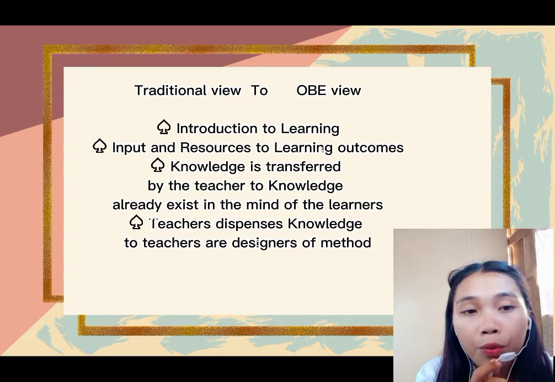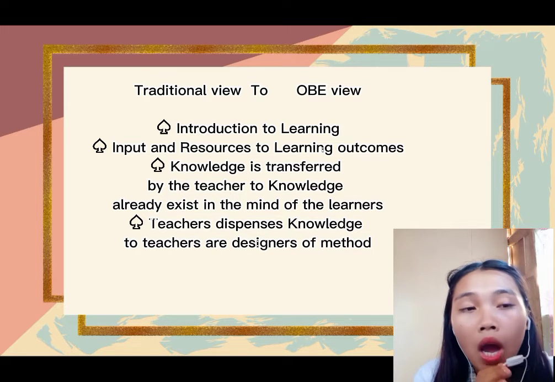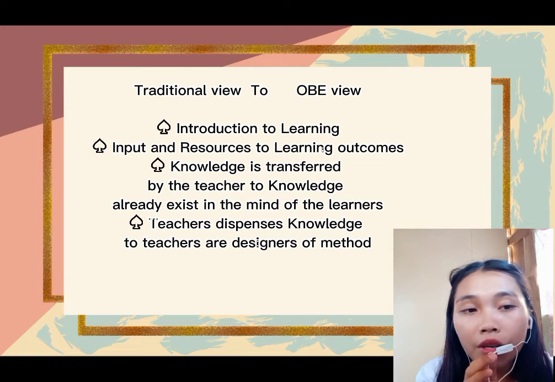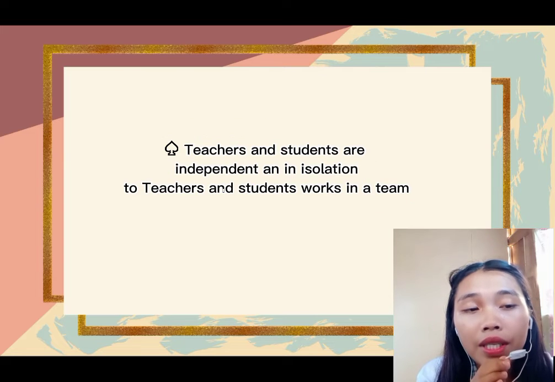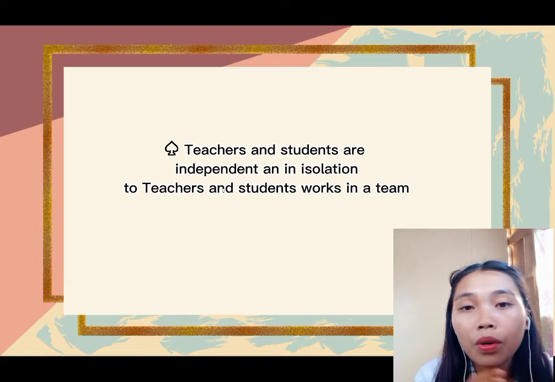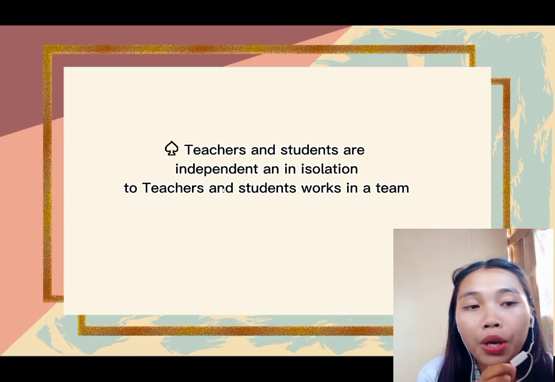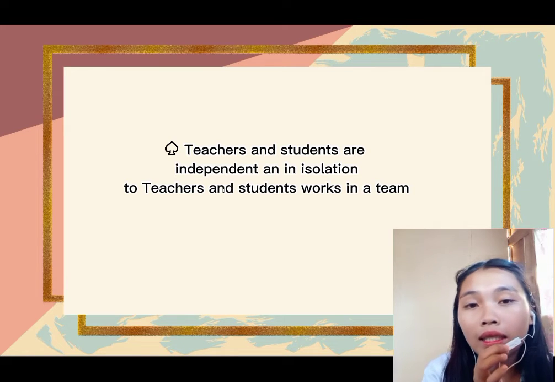The next one is teachers dispense knowledge, and it turns to teachers as designers of methods. And the last one is teachers and students working independently in isolation in the traditional view, and it turns to teachers and students working in teams in the OBE view.